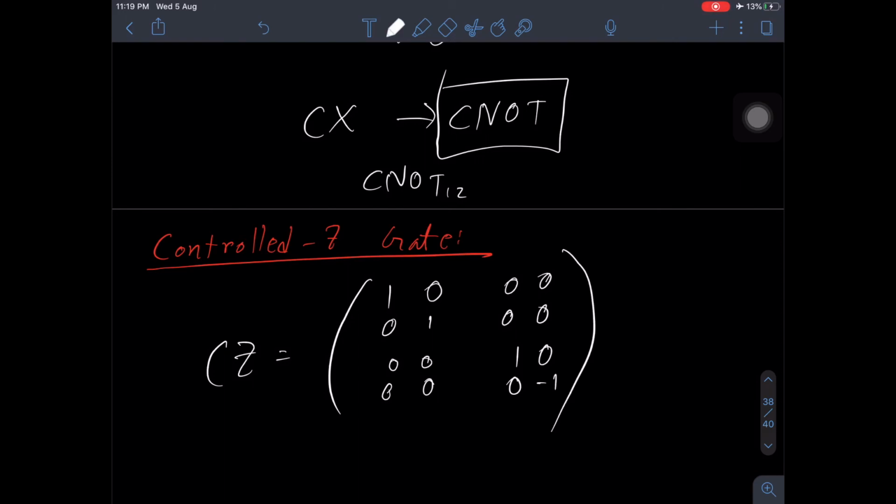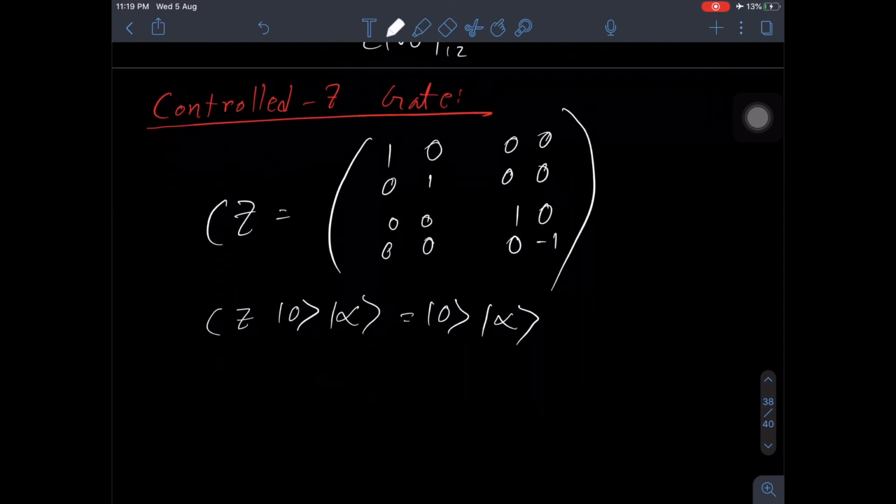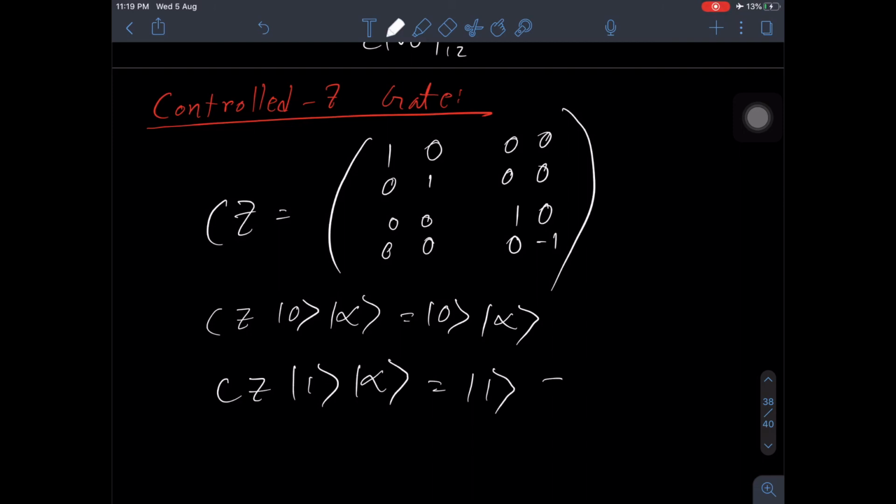So you can also check that control z gate means that whenever you have cz on 0 and some alpha, it will be 0 alpha because the control qubit is 0, and cz on 1 alpha will be equal to 1, and you have a z gate on alpha.